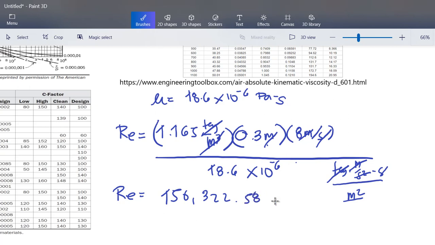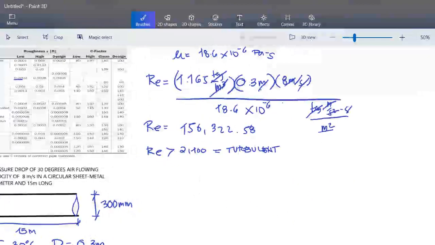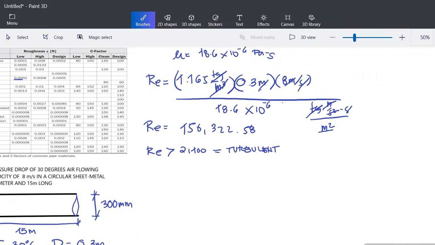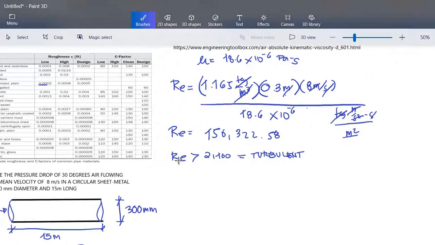Okay, so this Re is now greater than 2100, so the flow is turbulent. So turbulent, now we'll be using the Moody's diagram.